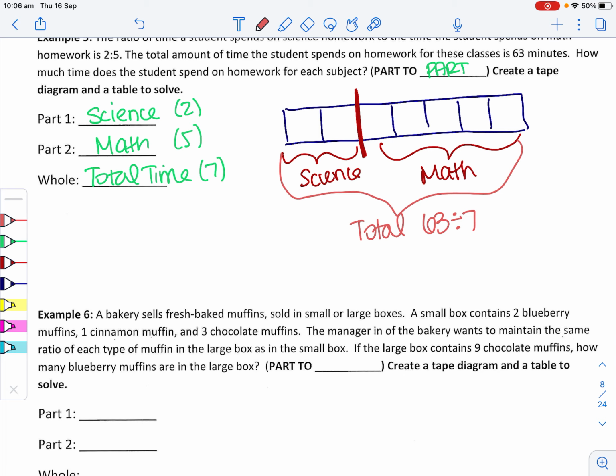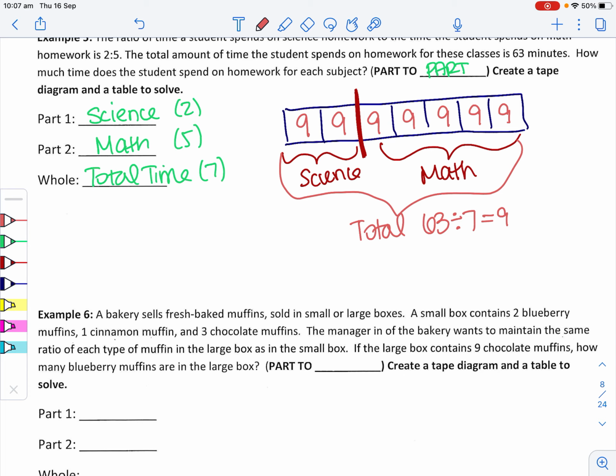So 63 divided by 7 is 9. So 9 minutes is going to go in each one of these boxes. So now I'm going to determine how much time the student spends on homework for each subject.